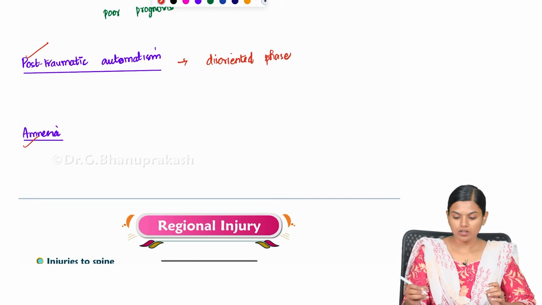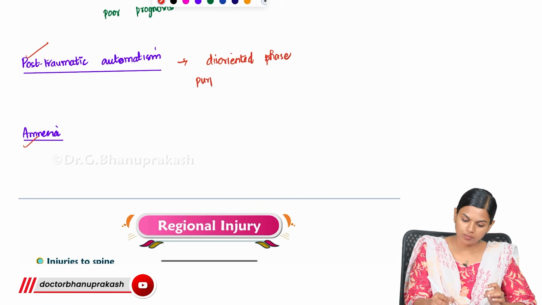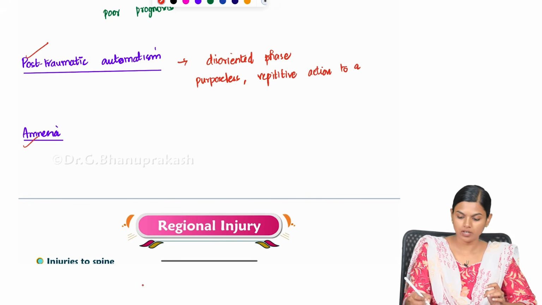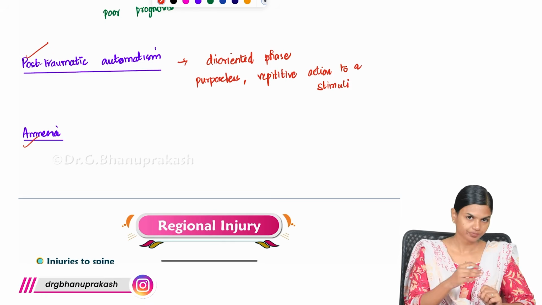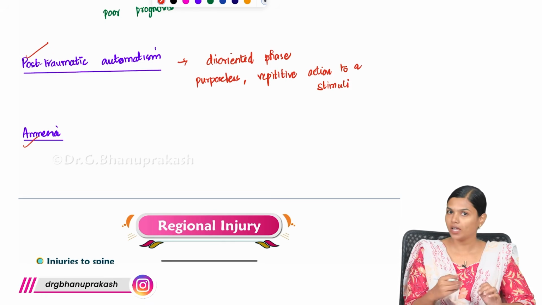The person will be disoriented and they will do some purposeless repetitive action towards stimuli. They will keep on doing some purposeless activity. If there is a stimuli, they will keep on doing some activity repeatedly without any purpose.